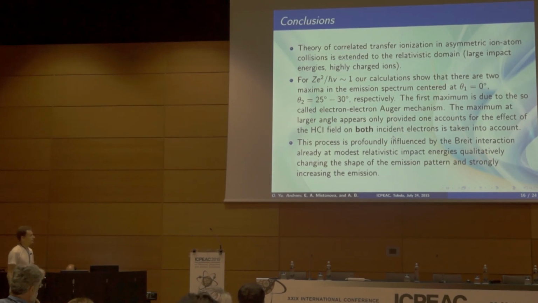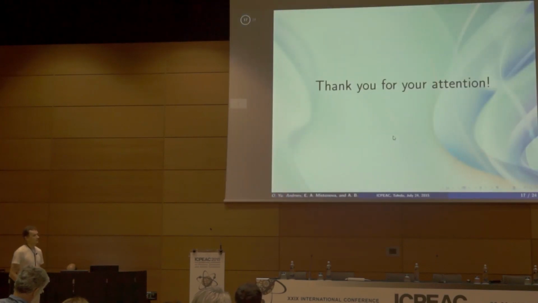The maximum at larger angles appears only provided one accounts for the effect of Coulomb interaction of the incident electrons with the nucleus of the highly charged ion. And the process of transfer ionization is profoundly influenced by the Breit interaction. So, thank you for your attention.